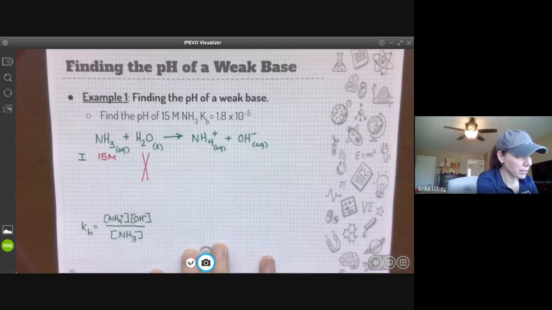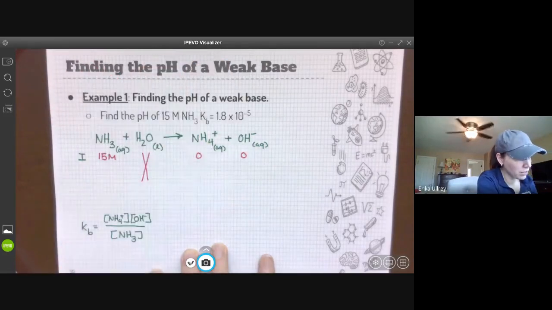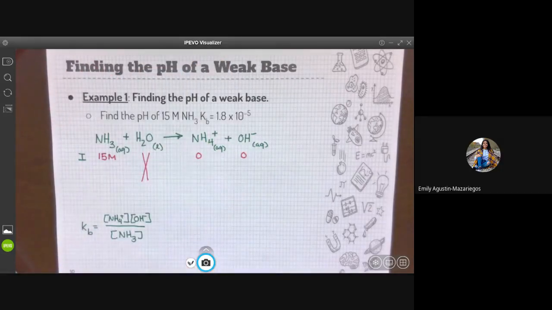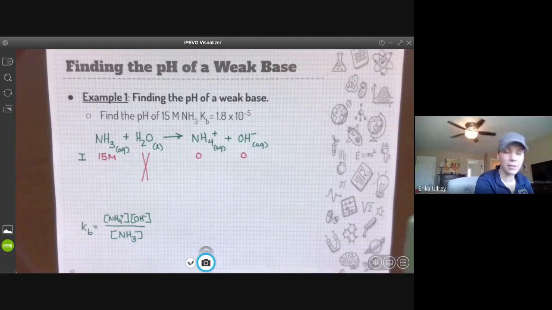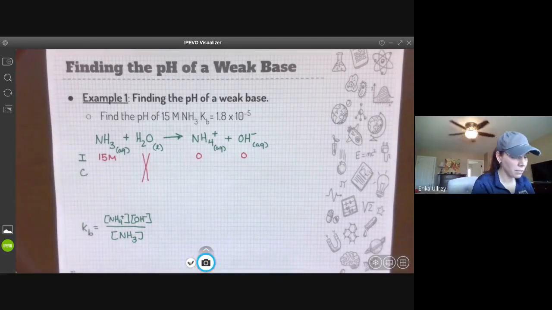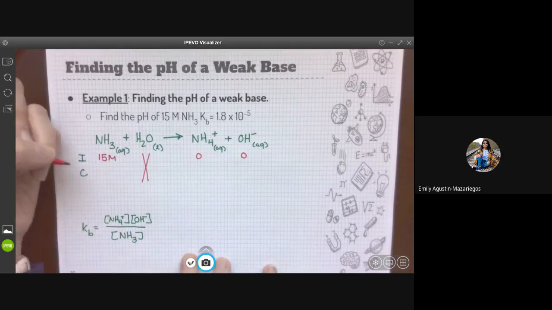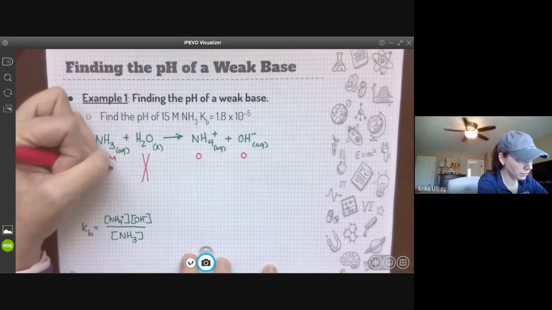And then what are these going to be? 0. Why are they 0 to start? Because they haven't produced anything. It's the initial. Yep, exactly. No dissociation has happened initially. And then Emily, what is going to be the change? Minus X for NH3.